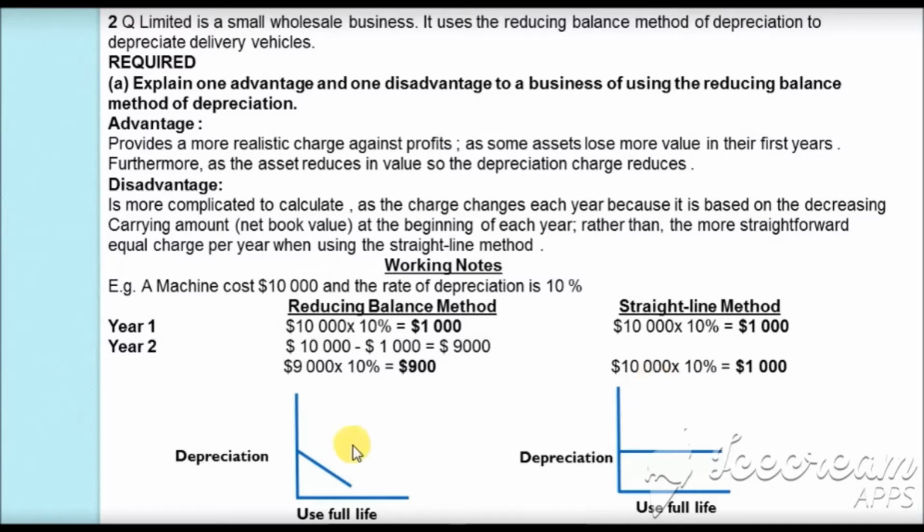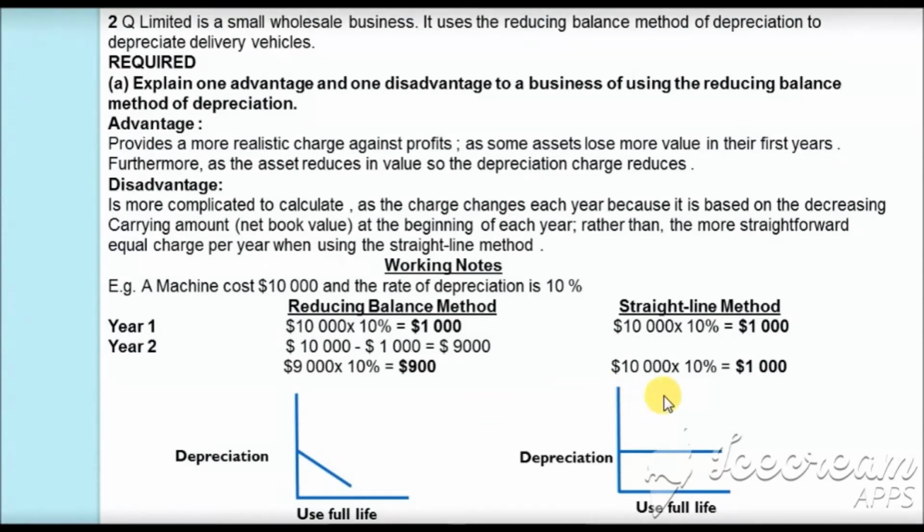If we draw a graph based on this, it will be like this: the depreciation keeps on reducing throughout the useful life of the asset. This is called the reducing balance method, or sometimes the diminishing balance method of depreciation.